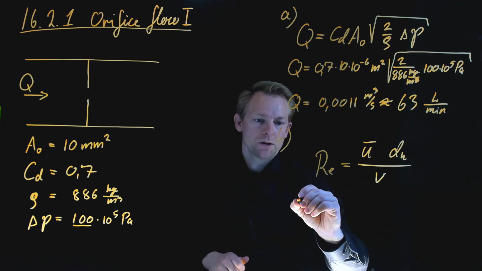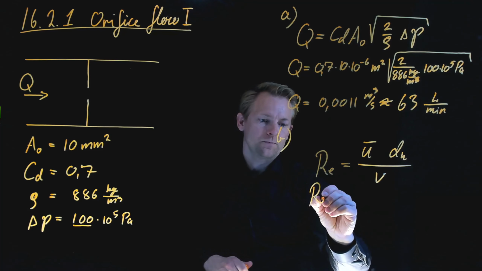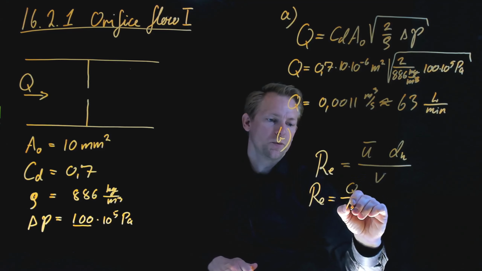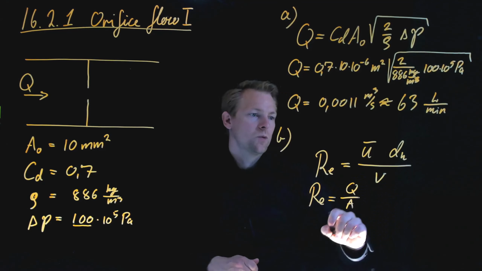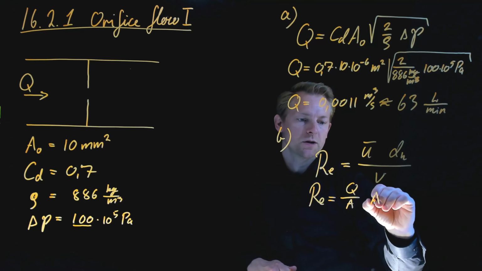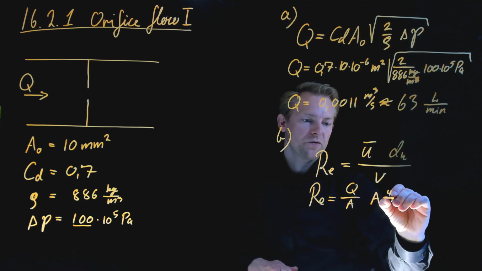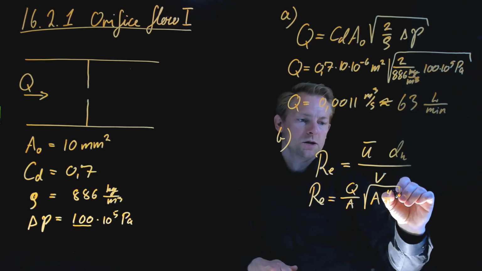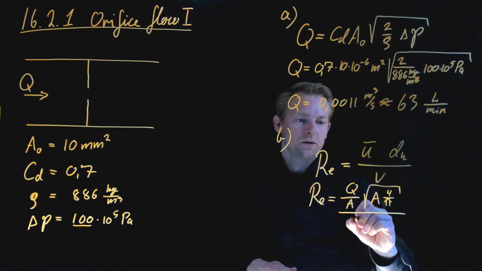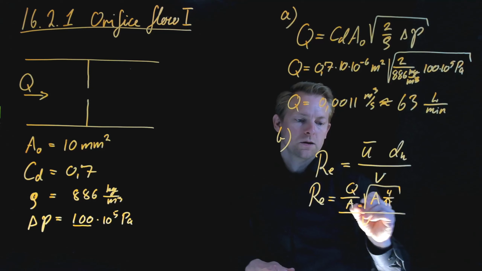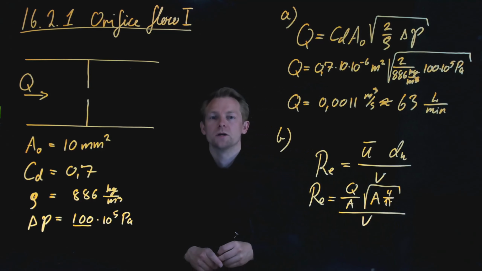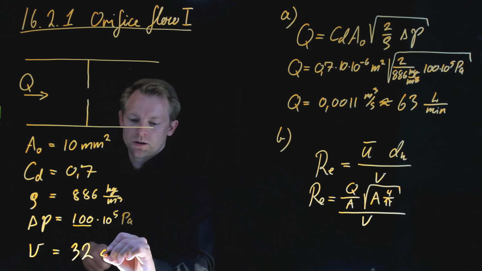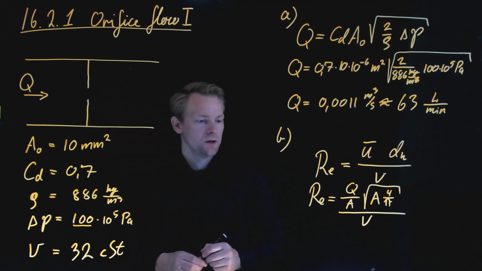So we can write this up as the flow divided by the area, and then when we want to find the hydraulic diameter we can take the area multiplied by 4 over pi, take the square root of that, and then finally we have the kinematic viscosity that we need to divide by. Plug in these numbers.